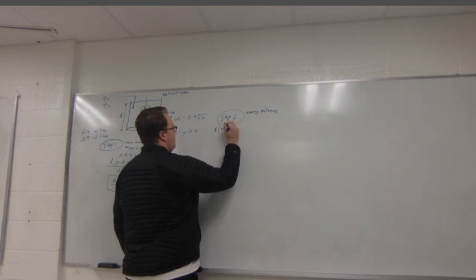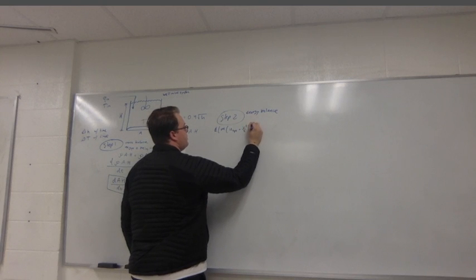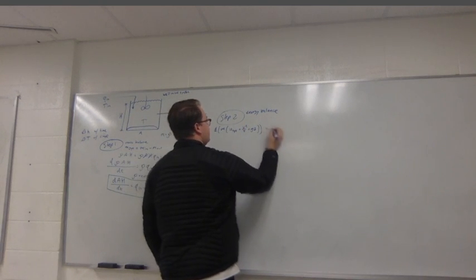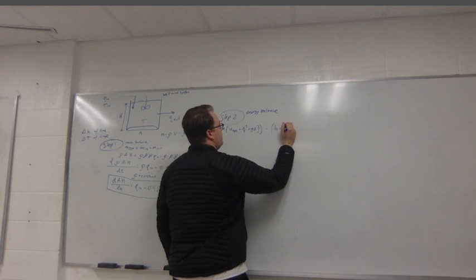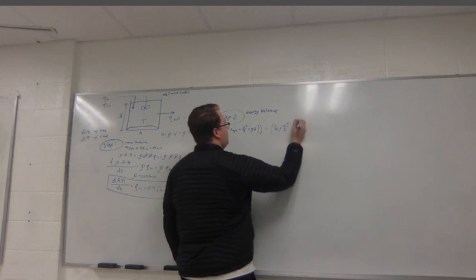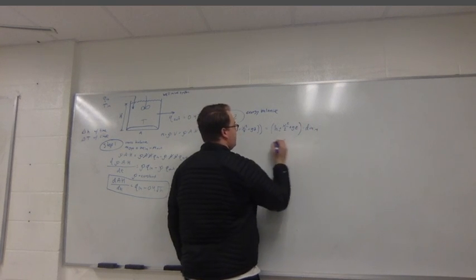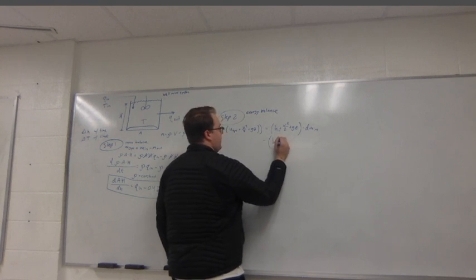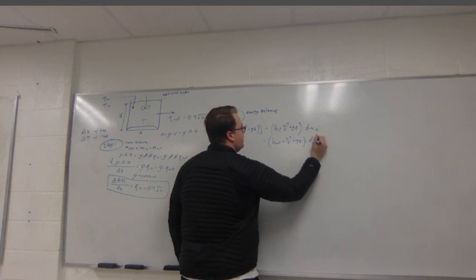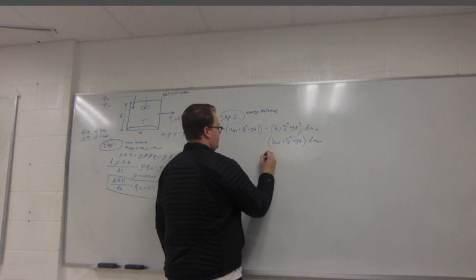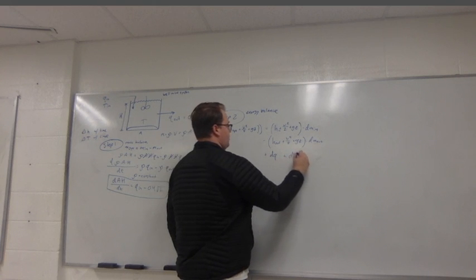The change in mass, internal energy of the system, plus V squared over 2 plus GZ is equal to enthalpy plus V squared over 2 plus GZ in times change in mass in, minus enthalpy plus V squared over 2 plus GZ out times dm out, plus change in flow plus work non-flow.